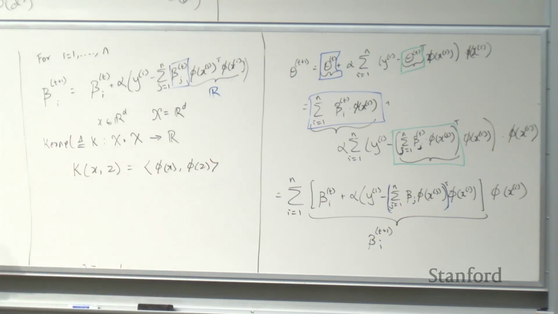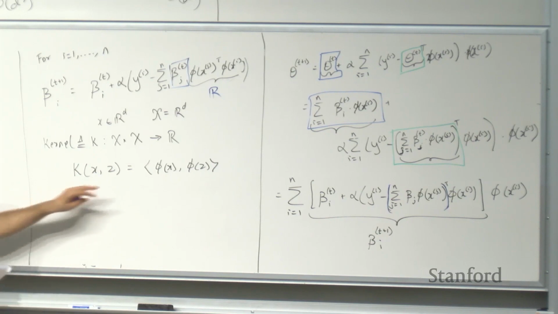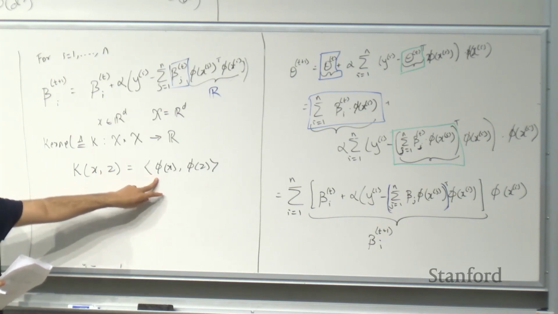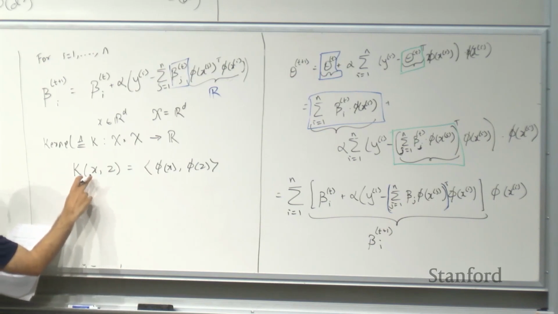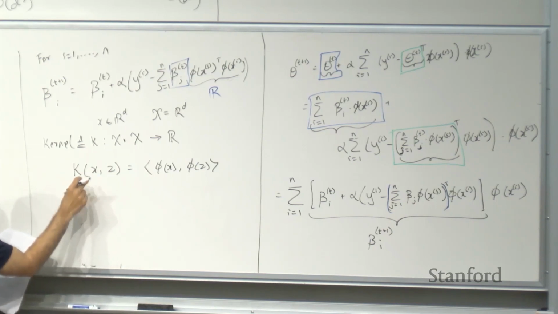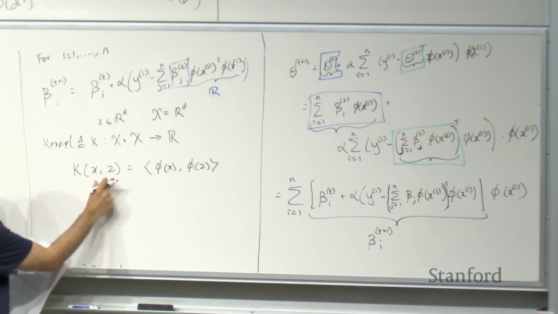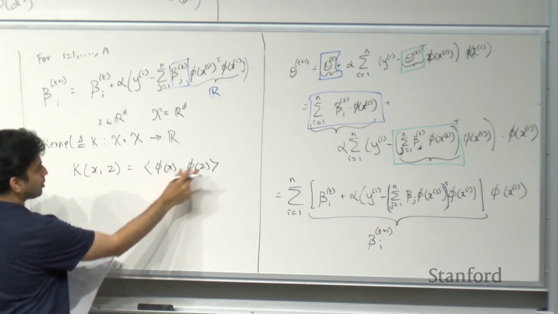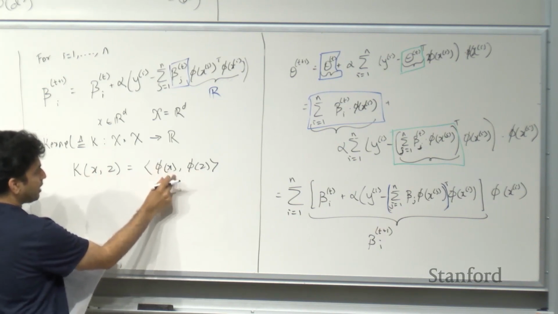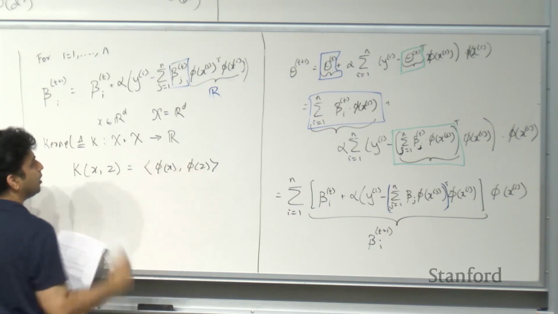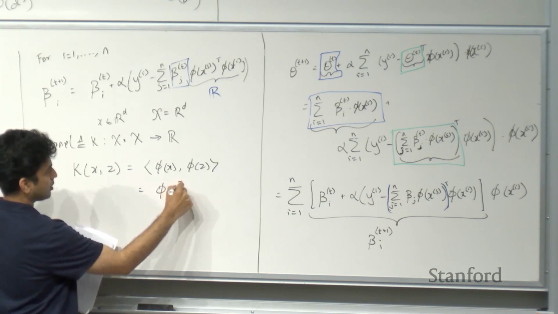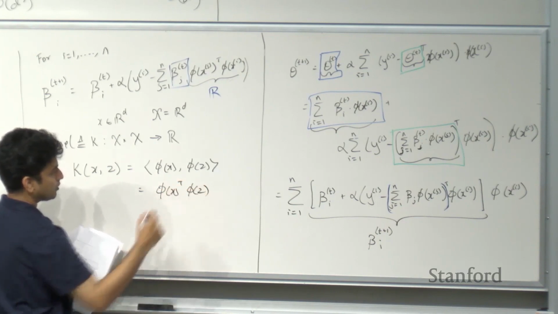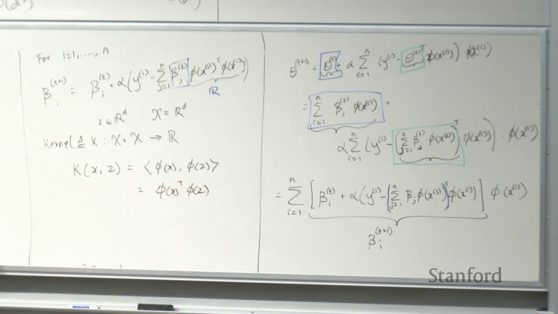So the kernel corresponding to a feature vector phi is defined as a function where the value is equal to the inner product between the feature map of x and the feature map of z. This is the same as phi of x transpose phi of z. Yes, question?